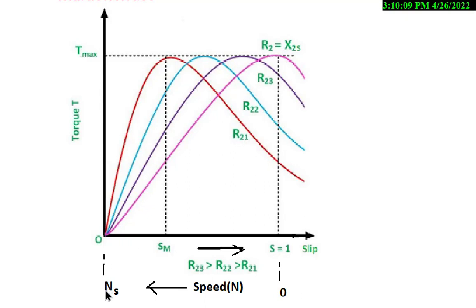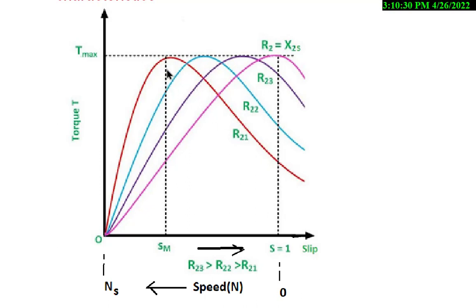So here it is ns, whereas here it goes on reducing. And then after this, if the load is further increased, the rotor torque reduces instead of increasing, and the speed continues to decrease like this.